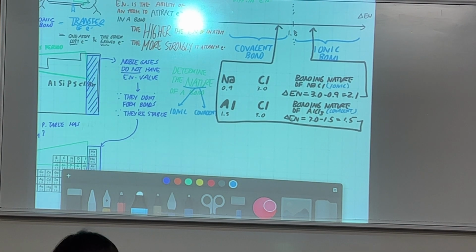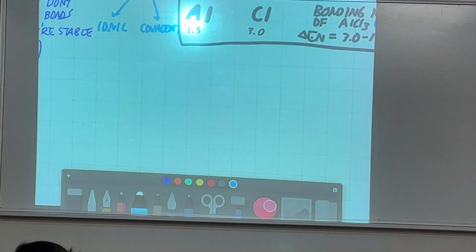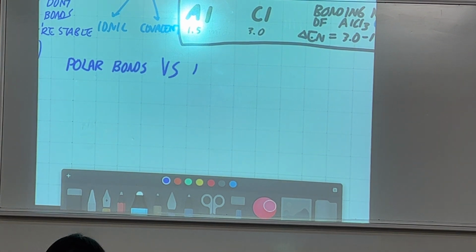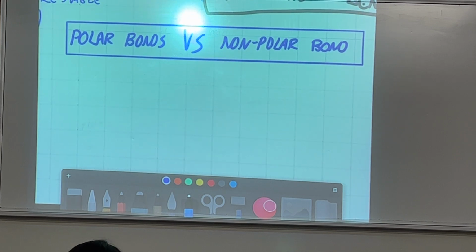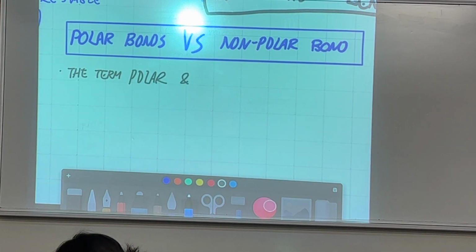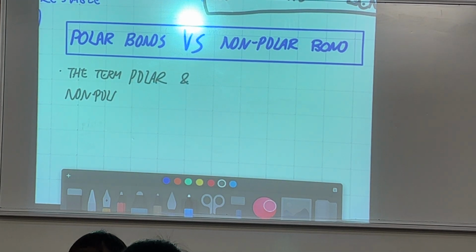Now, we need to look at the concept of polar and non-polar bonds. Can you put down polar bonds versus non-polar bonds? You can only use the terms polar and non-polar to describe covalent bonds.